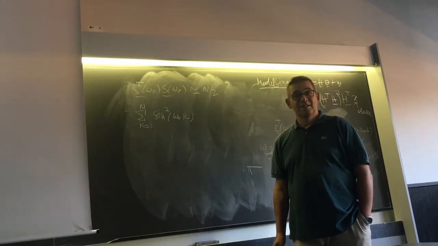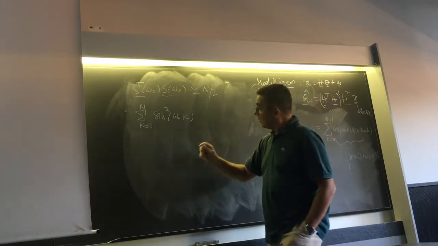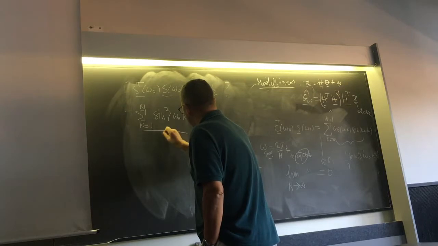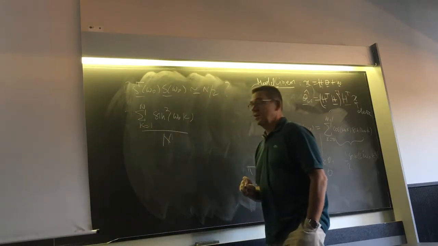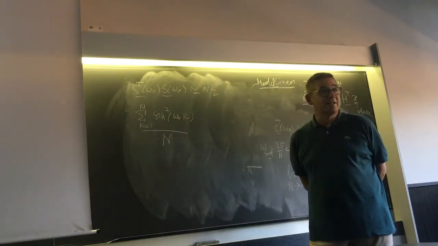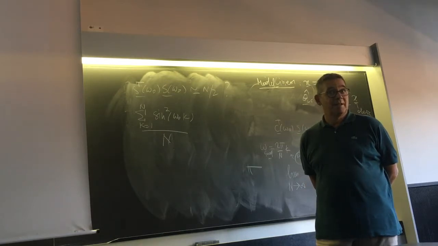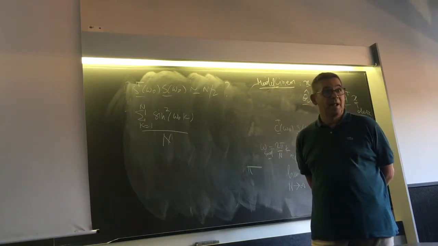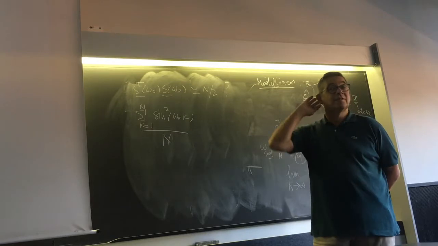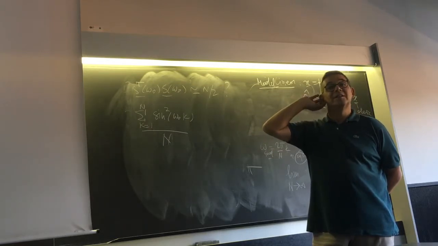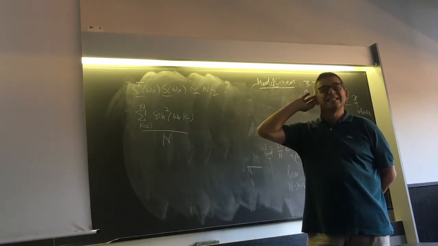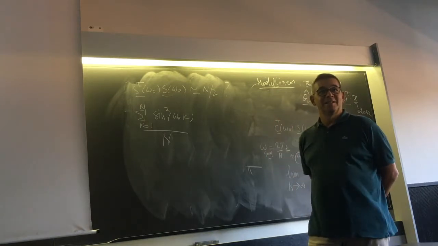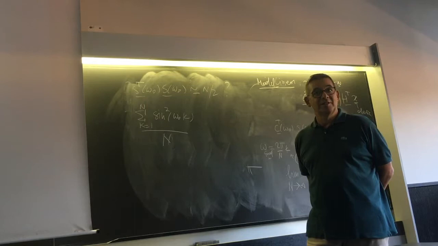Okay? So, now, what if I take this one divided by n? What's that? The power. That's the power of a sinusoid. How much is the power of a sinusoid?